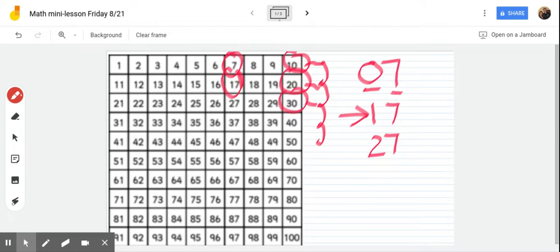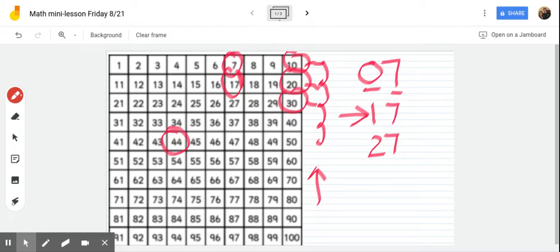Now I'm going to pick a different number. Say, for example, I want to be on number 44, but I want to subtract 10. If I want to subtract 10, then that means I need to go up the number chart instead of down, because I need the numbers to get smaller. Keep in mind that when we subtract, we're taking away and the number becomes smaller. So that means you have to go upwards on the number chart instead of down.